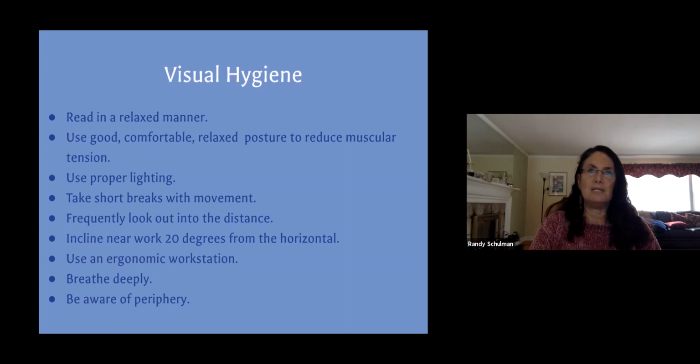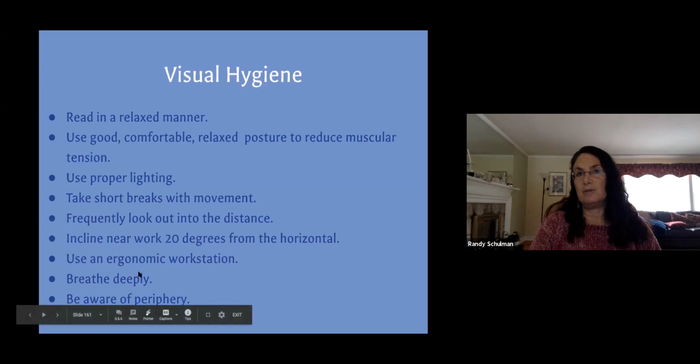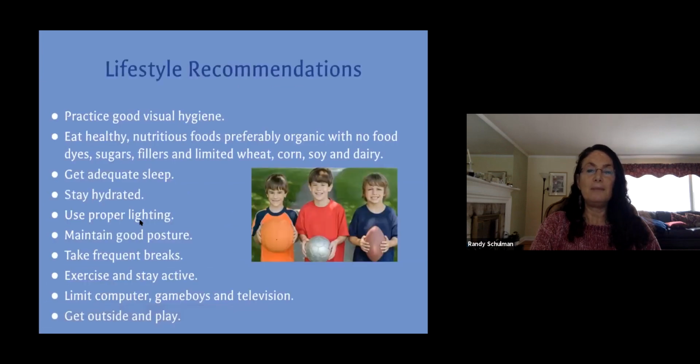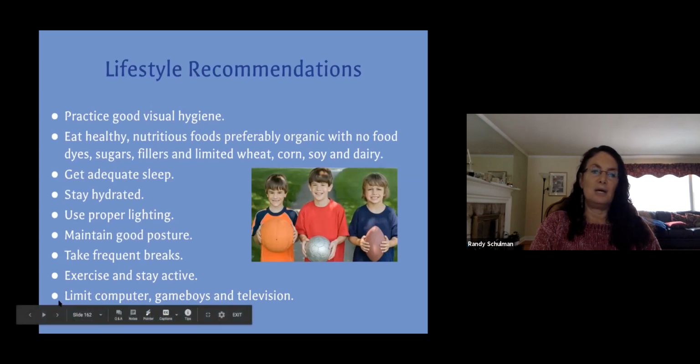Tell them to look out in the distance frequently. An incline is usually helpful for the younger people too, and looking at what their workstation is like, making sure that it's comfortable. Teaching them to breathe and blink and be aware of the periphery. Making sure they have good visual hygiene, not eating junk foods, getting sleep, staying hydrated, exercising, and limiting that screen time.